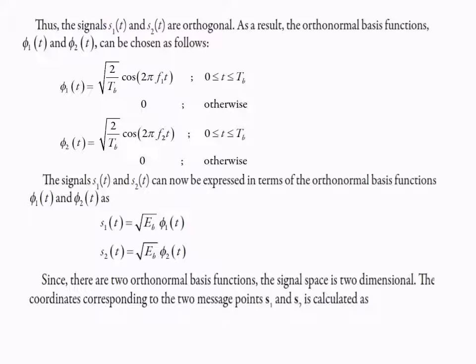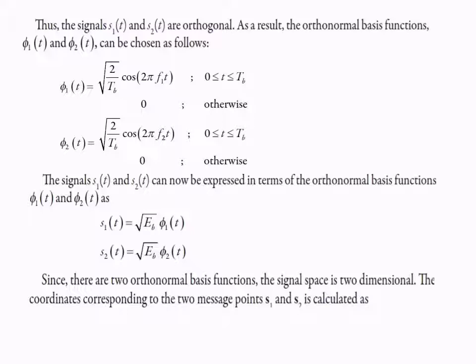Okay, so the signals S1(t) and S2(t) are orthogonal. As a result, the orthonormal basis functions phi1(t) and phi2(t) can be written as phi1(t) is equal to root of 2 by TB cos 2 pi F1t and phi2(t) is equal to root of 2 by TB cos 2 pi F2t, both of duration TB.